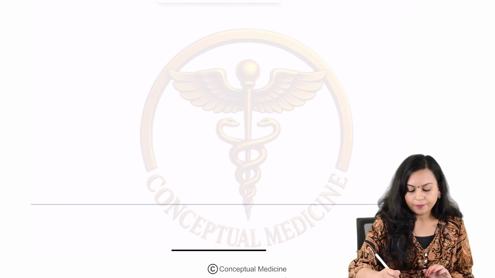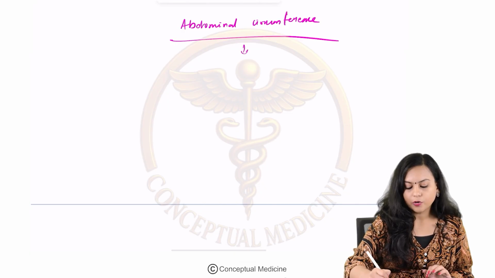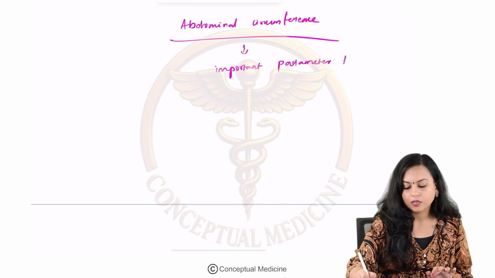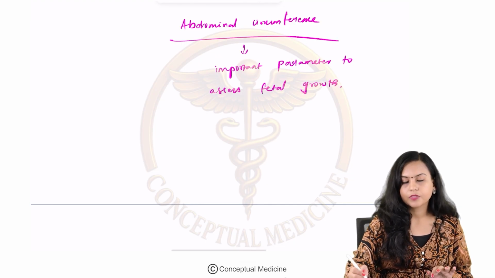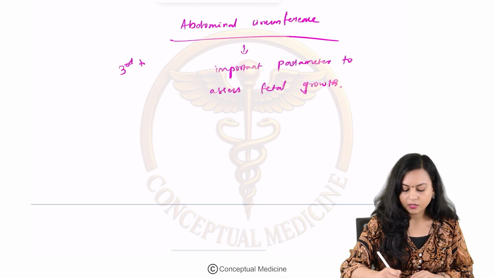And remember, abdominal circumference is one of the important parameters to assess fetal growth, right? Okay. So, this is mostly done in the third trimester.